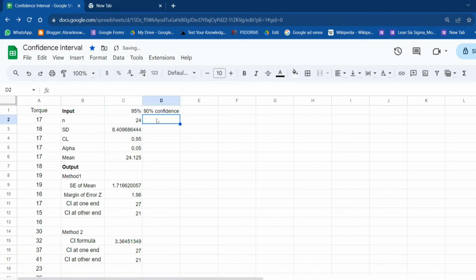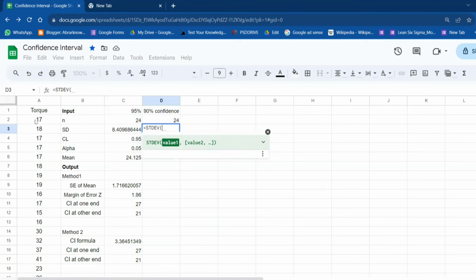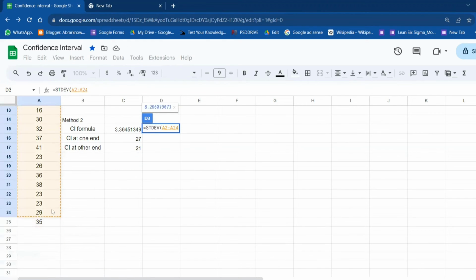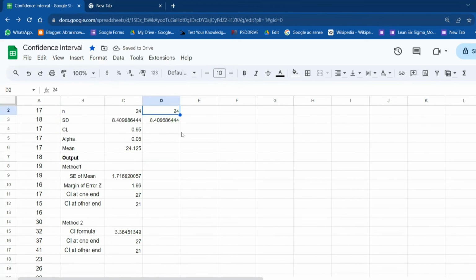So n value, we know that is 24. I'm going to quickly type it, 24. And standard deviation, I can just quickly do the standard deviation. Okay, and auto fill, I'm going to cancel.